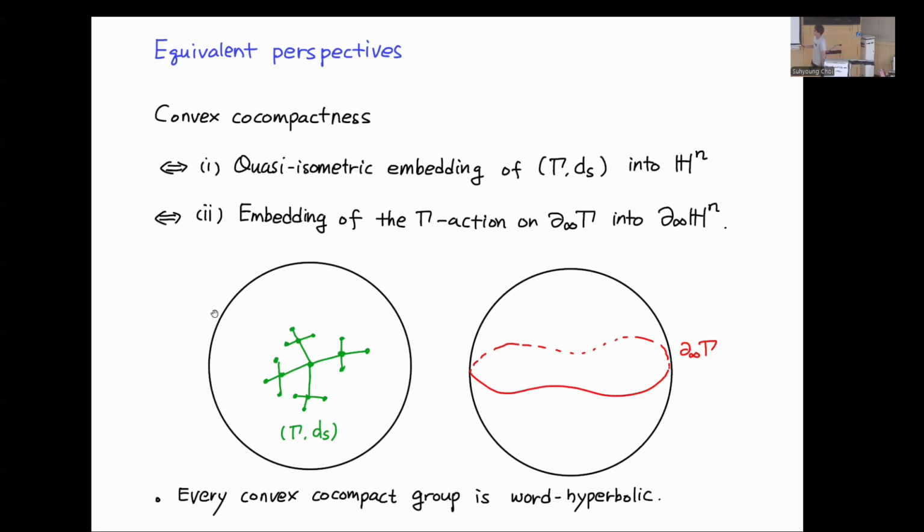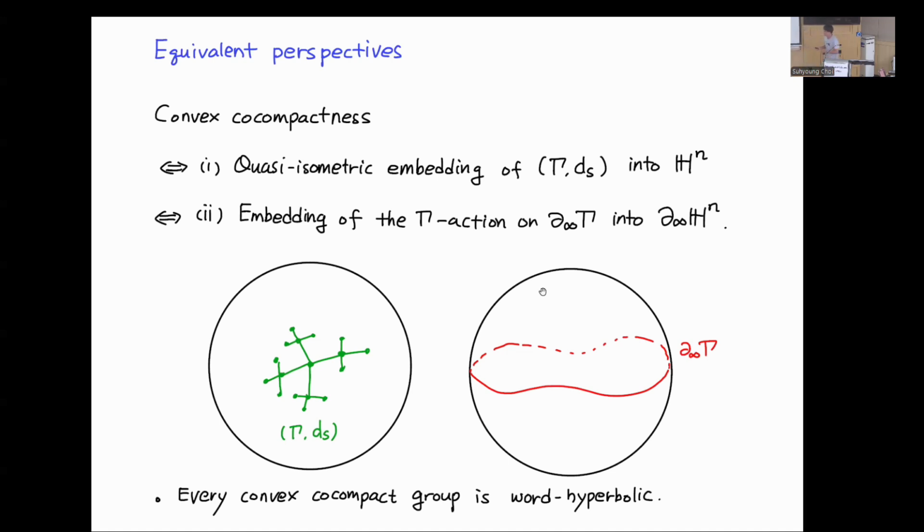And also by using the quasi-isometric embedding of the group, you can obtain the embedding of the gamma action on the boundary of gamma into the boundary of n-space. So this is the first condition.